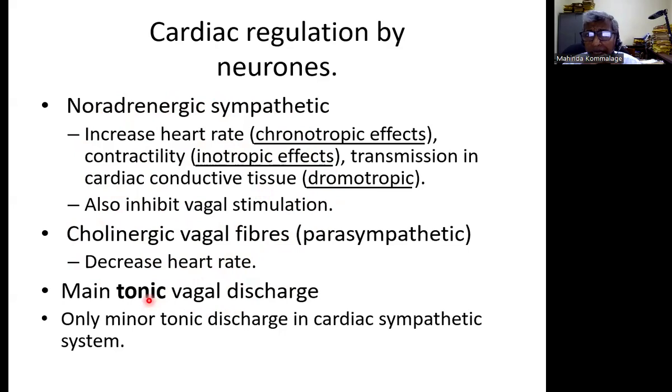That is the main dominant supply to the heart rate. Therefore we call it a tonic discharge, and cardiac sympathetic is not that. Basically this parasympathetic vagal discharge dominates the cardiac control, mainly heart rate control.